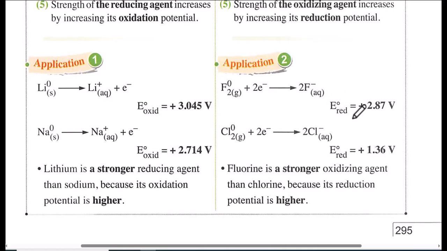So it has more ability to accept electrons than chlorine. Accepting electrons means an oxidizing agent. It accepts electrons from another element and oxidizes another element. So it is an oxidizing agent. So as the reduction potential increases, its ability to oxidize other elements increases.